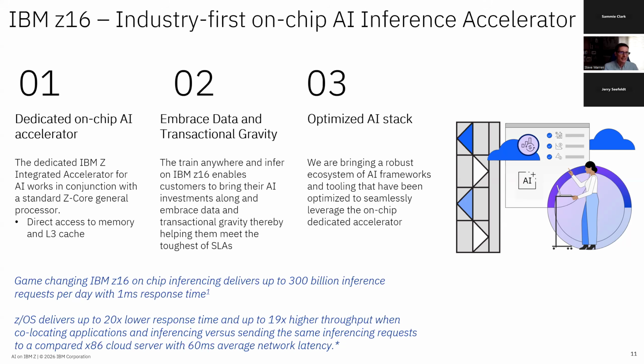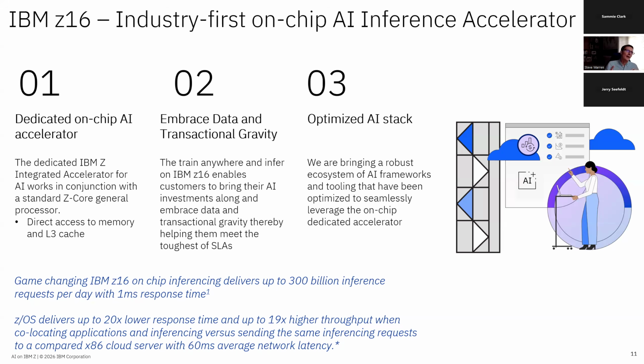What that means is an accelerator that is on the same piece of silicon as your cores and your cache and all the other things on that Z16 Telum processor. Telum is the name we gave the processor. That dedicated accelerator works in conjunction with your general processor, and it has direct access to both the memory and cache. On the next slide, I'll show you a picture of that in just a moment.